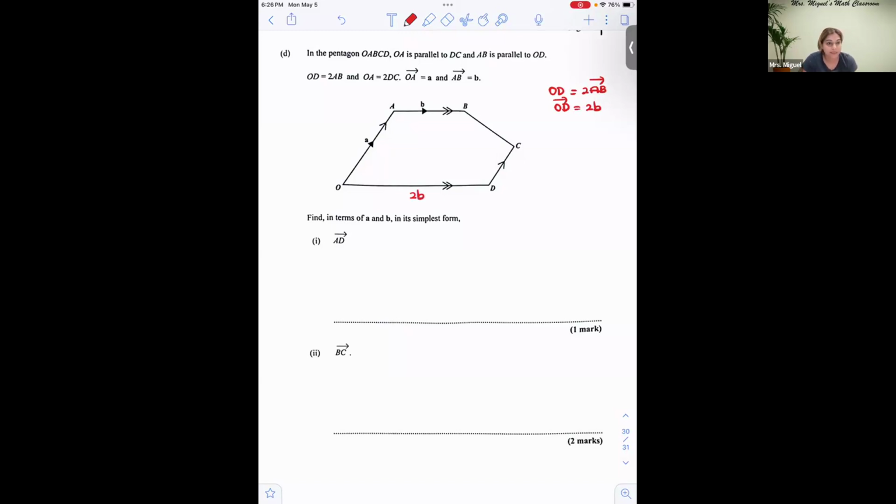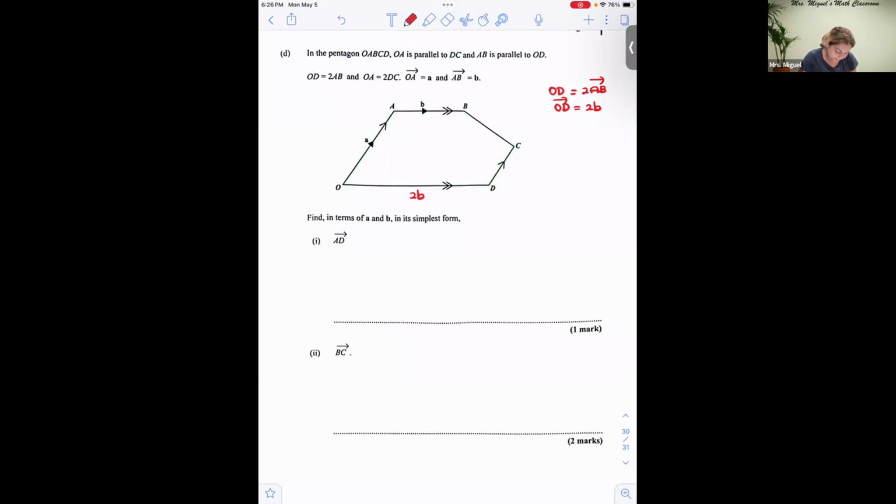They also go on to say that OA is 2DC. So let me think about that. So OA is 2DC, and I know that DC is half of OA.